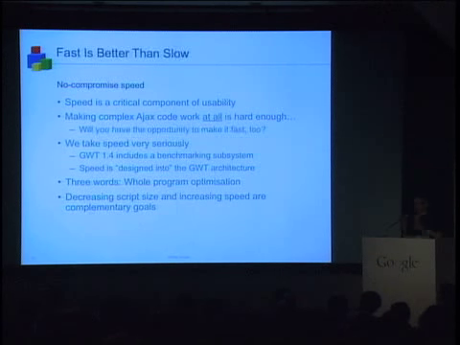When we compile your code down into JavaScript, the entire program can be analyzed, and dead code can be removed, methods can be inlined, and a lot of improvements can be made to make your program faster and smaller. And notice I talk about faster and smaller as if they're both the same thing. Well, decreasing script size and increasing speed are complementary goals. The smaller your application, the faster it runs, because less download needs to happen.